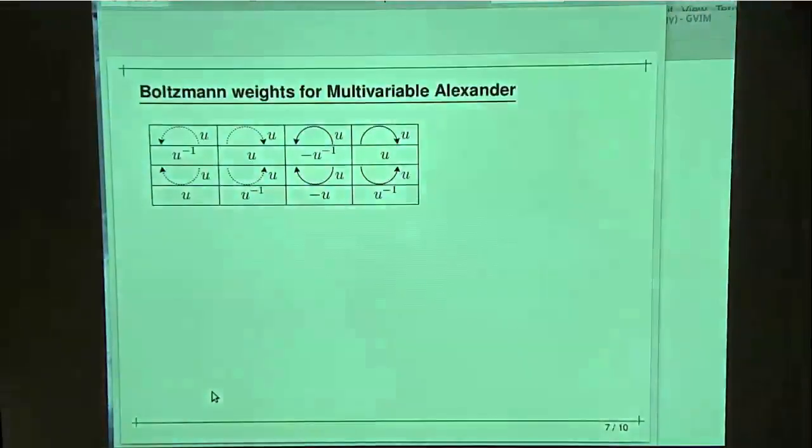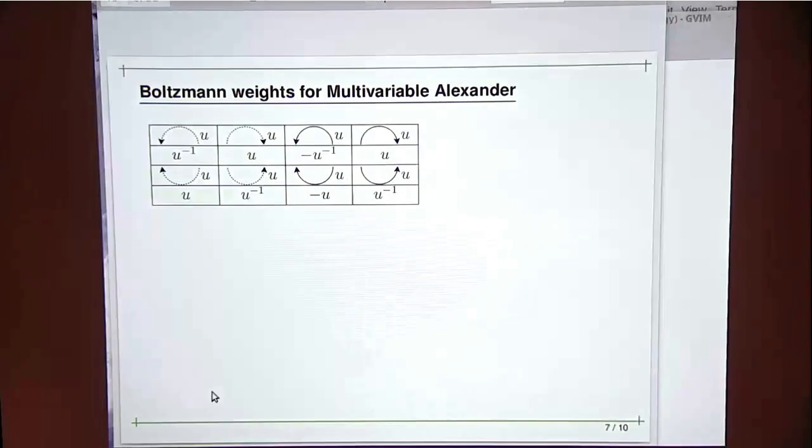Now, Boltzmann weights. When we have a state, we should attach to critical points, maximum and minimum, and crossing points, monomials, out of which the whole polynomial will be built as follows.